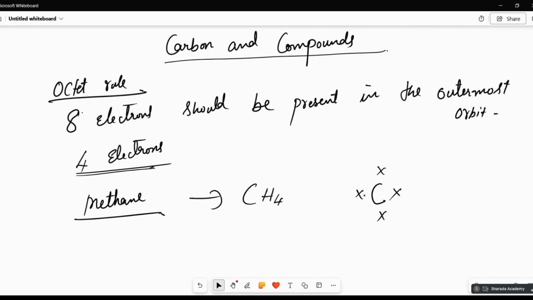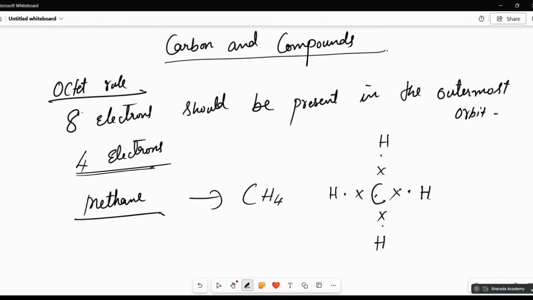Carbon has 4 electrons in the outermost orbit. So CH4 means what? Hydrogen, how many electrons does it have? 1 electron. This hydrogen has 1 electron, and it shares with this carbon. So this electron will revolve around the carbon as well as the hydrogen.